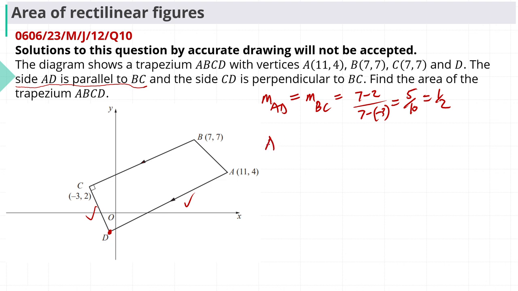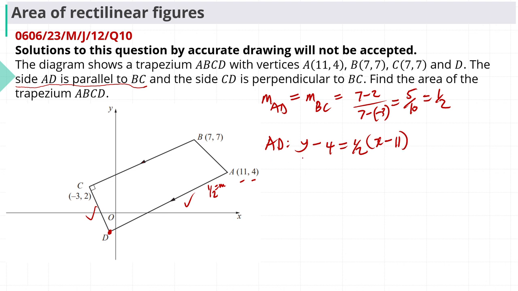So finding the equation of line AD: y minus y1, that's 4, because the gradient is half; we have found the gradient to be half. Gradient of AD is half. y minus y1 equals m multiplied by x minus x1. Now x1 is 11.